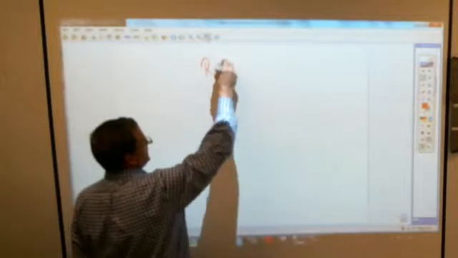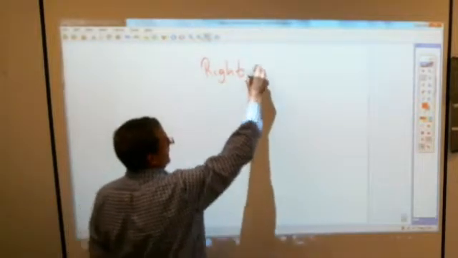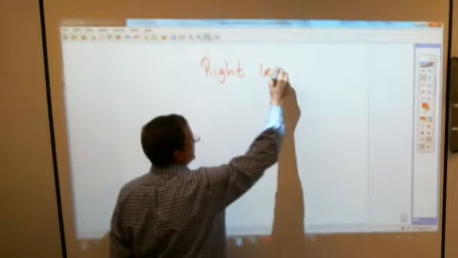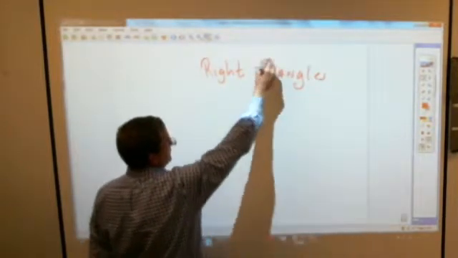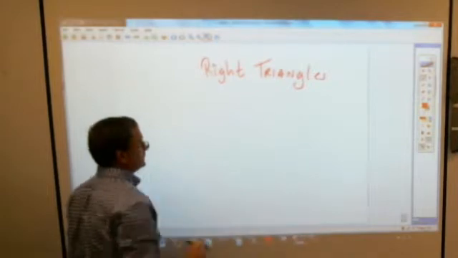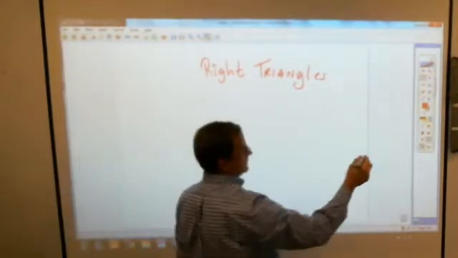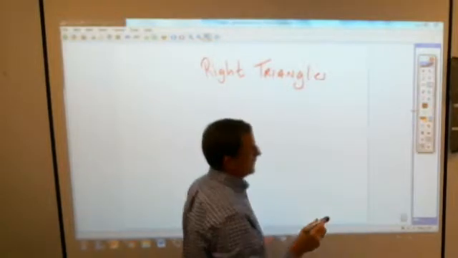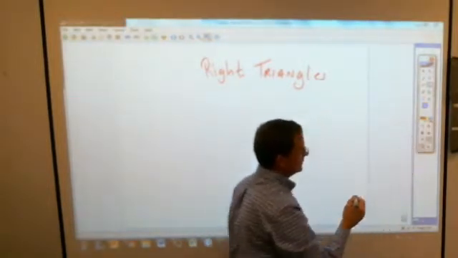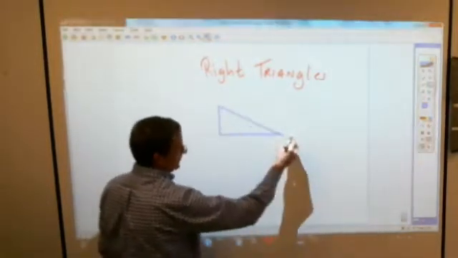We talked today specifically, ladies and gentlemen, about right triangles. This is only about right triangles, and this is what you need to know about them. Let me draw one here for you.